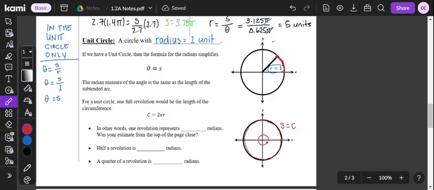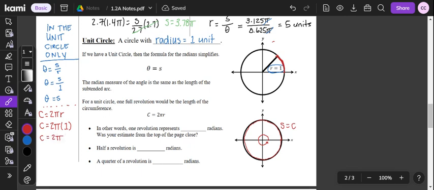So let's think about this. In the unit circle only, again, only in the unit circle, if C is equal to 2 pi r, and we've already said that r is 1, well, that means C must be 2 pi times 1, which is just 2 pi.